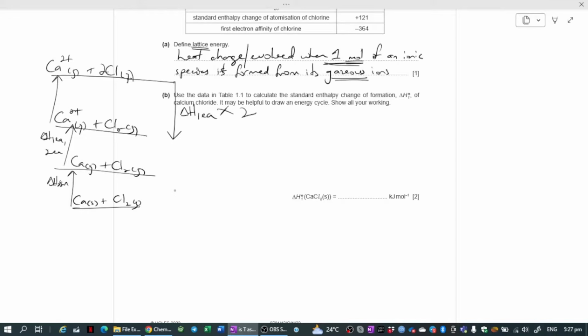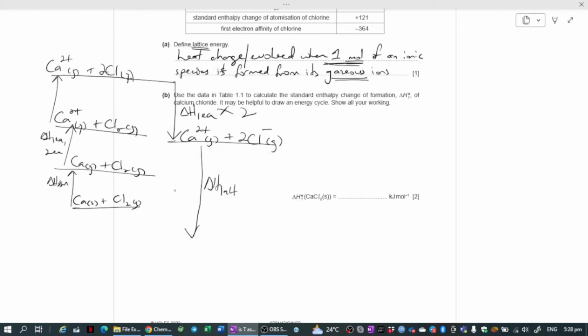Since we have 2 chlorine atoms, this will give us Ca2+ gas plus 2Cl- gas. And then we have our lattice energy of calcium chloride, which will give us CaCl2 solid, and this value here is the formation enthalpy. And from Hess's law, this formation value is the sum of all the individual steps.